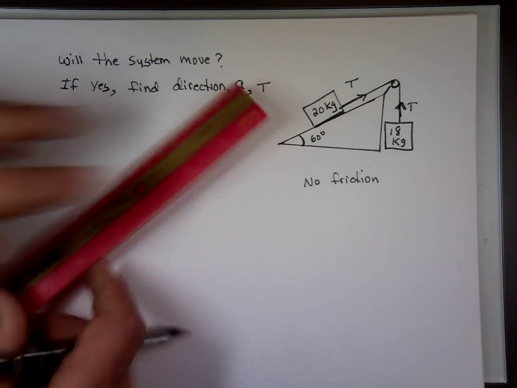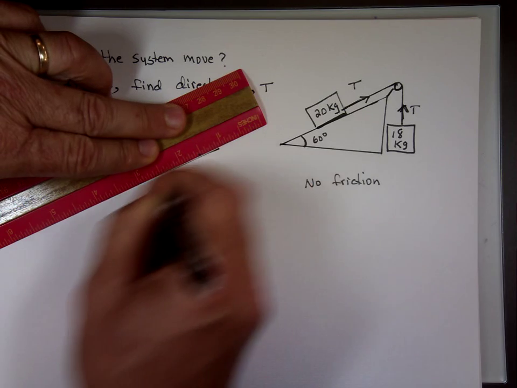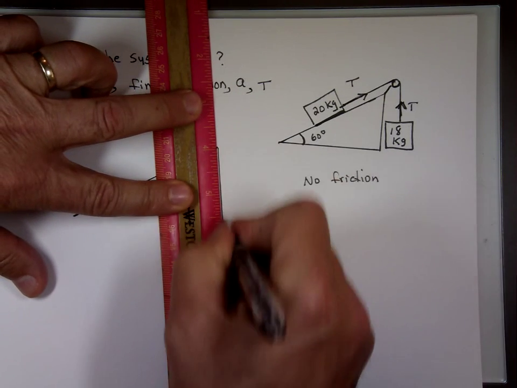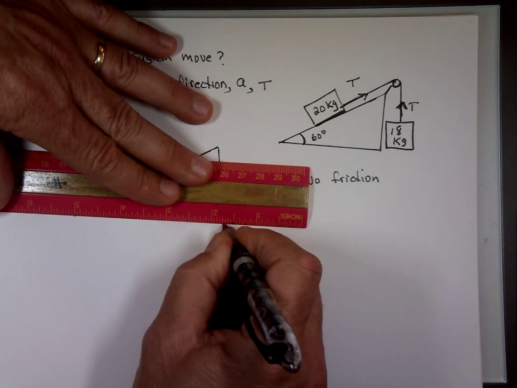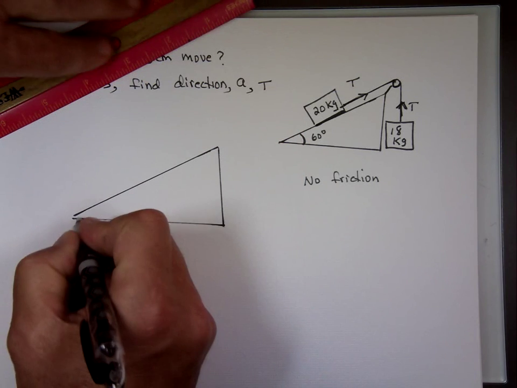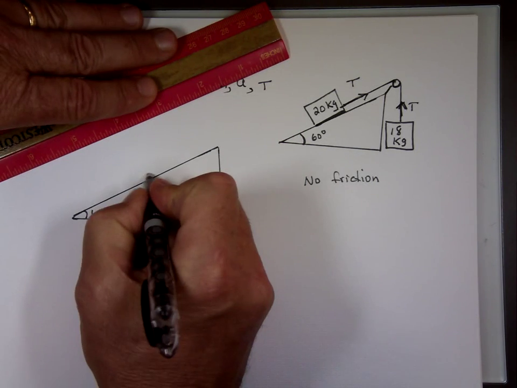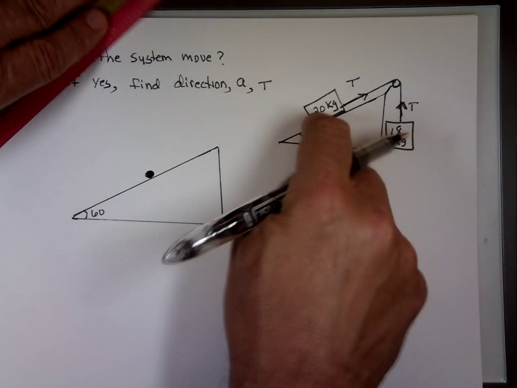Now I'm going to redraw that picture and just put numbers on it so to see if it's going to move or not. I'll make this object right there. That's the 20 kilogram.